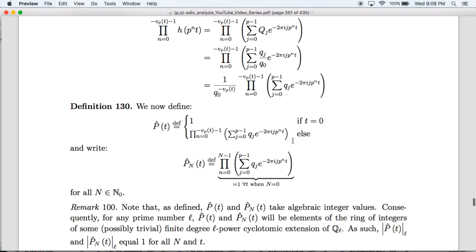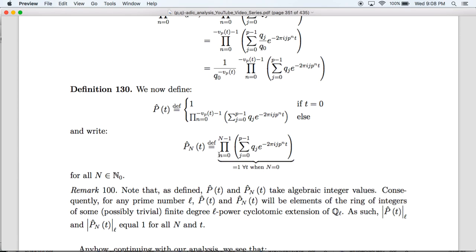for non-zero t. And just to make things a little bit easier to work with in general, this function here depends pointwise on t, but we're then going to define this version with an n here. So in this case, we've allowed this product to vary depending on n rather than on t.